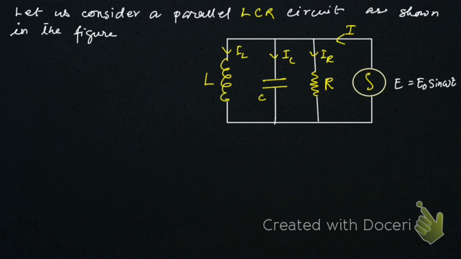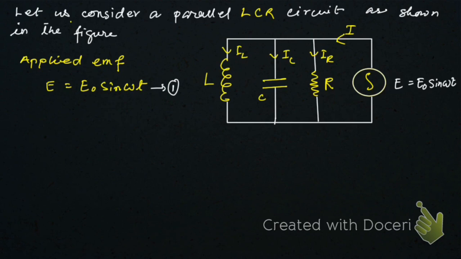So here the applied EMF is E is equal to E naught sine omega t, right? Let it be equation number 1. What will be the current through the resistor?